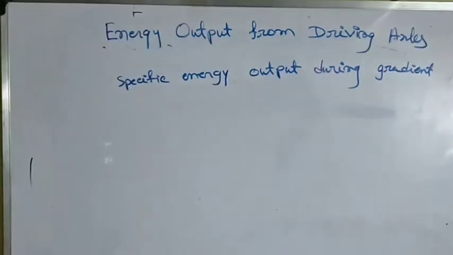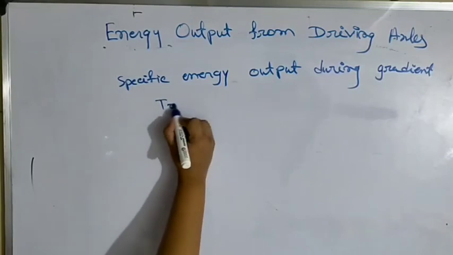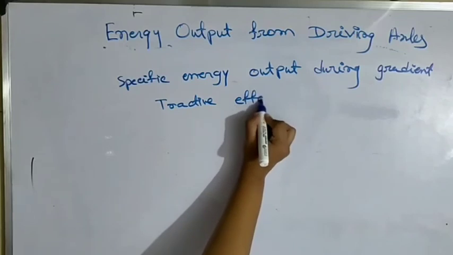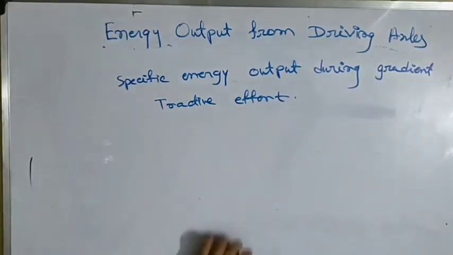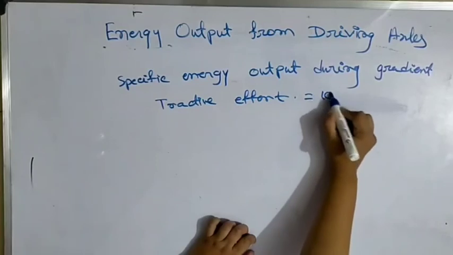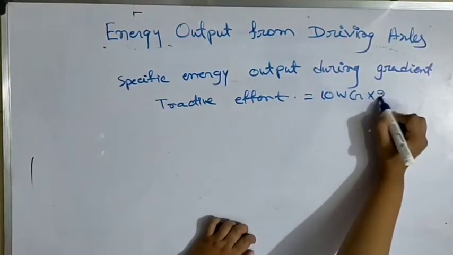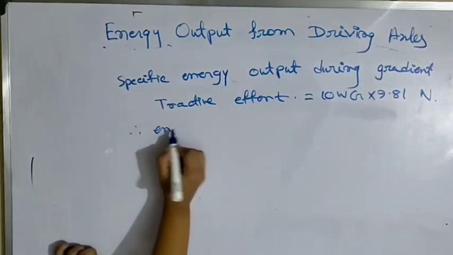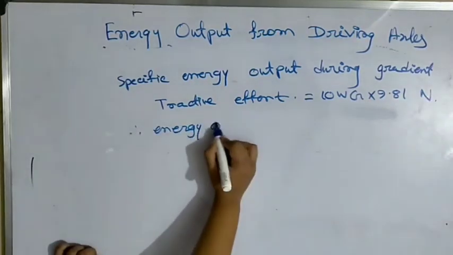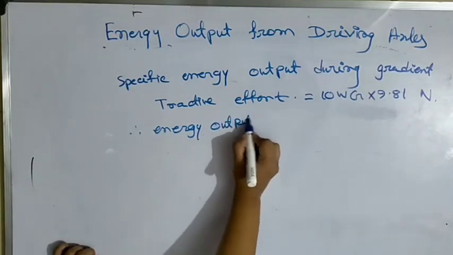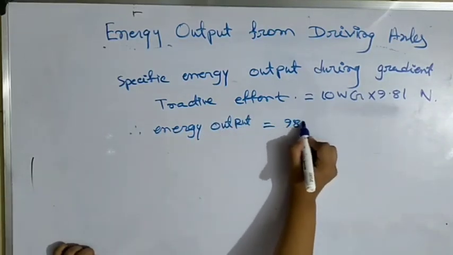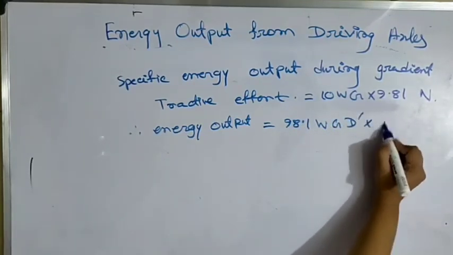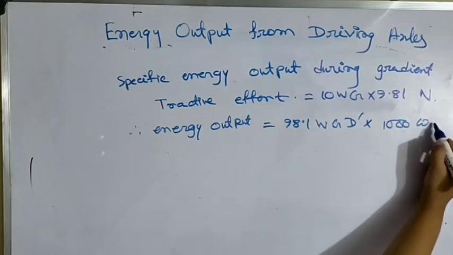Now tractive effort during gradient is 10 Wg into 9.81 Newton. Therefore, energy output is 98.1 Wg D dash into 1000 watt second.